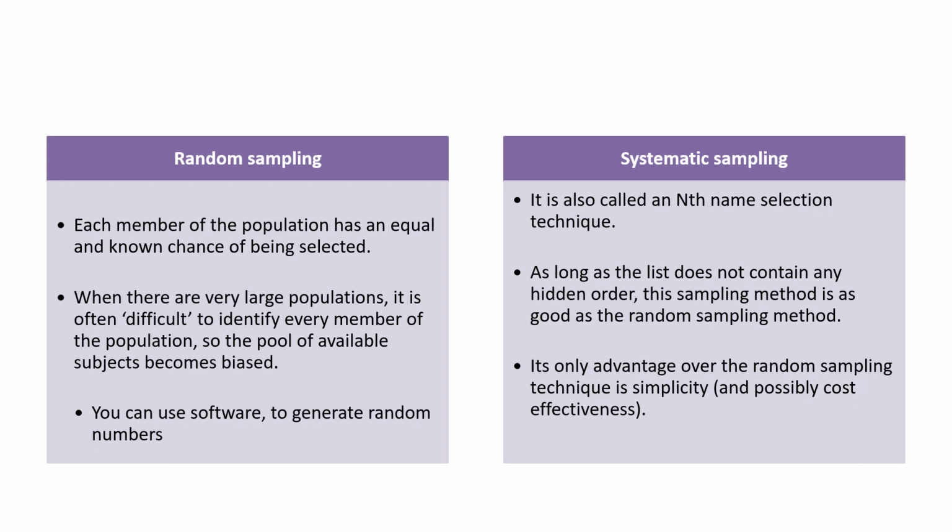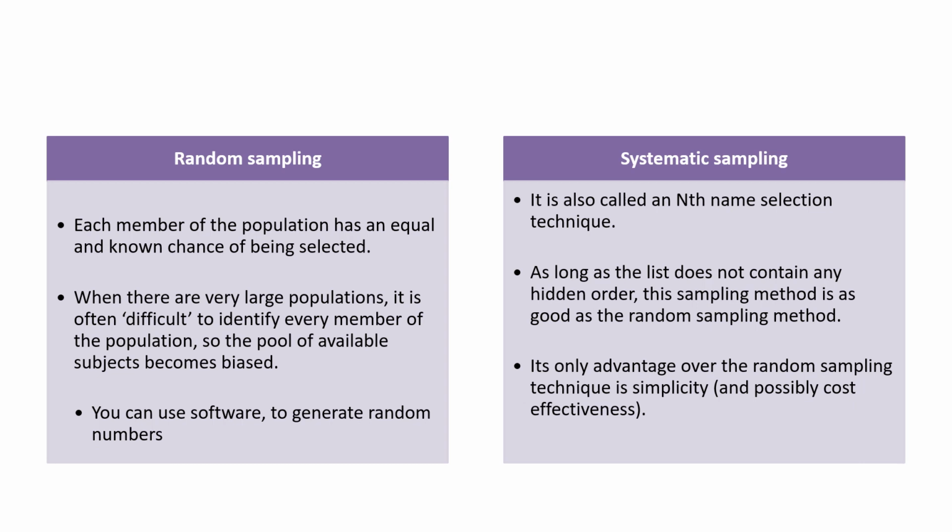With systematic sampling, you are collecting cases in a very systematic way. So, for example, in a village, you have the list of households, you select a first household, and then you start counting. It's the nth number that you're selecting.